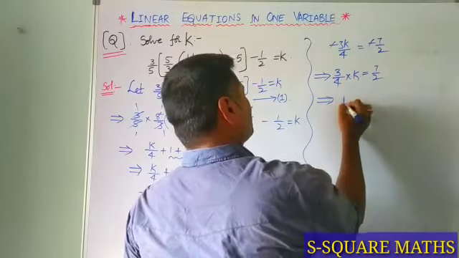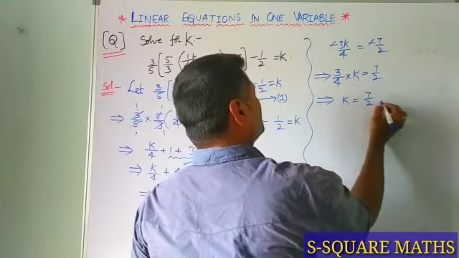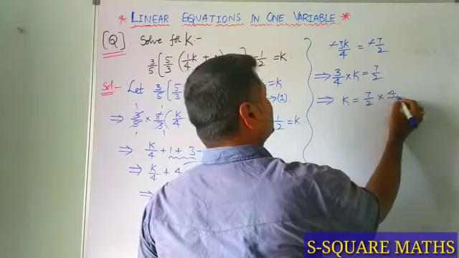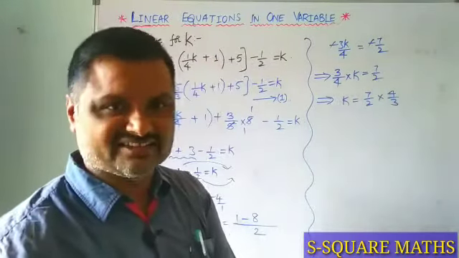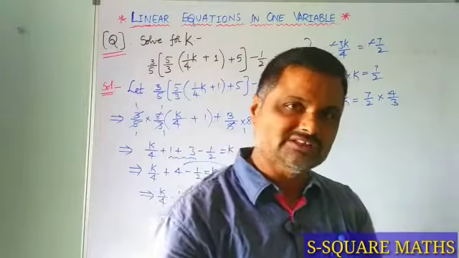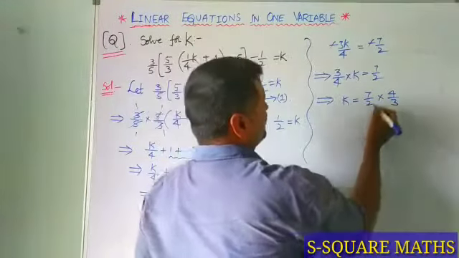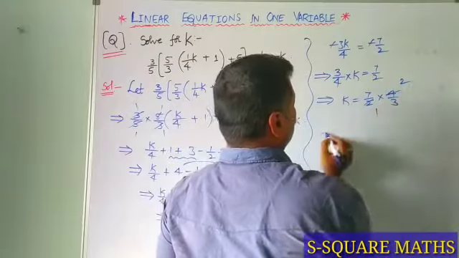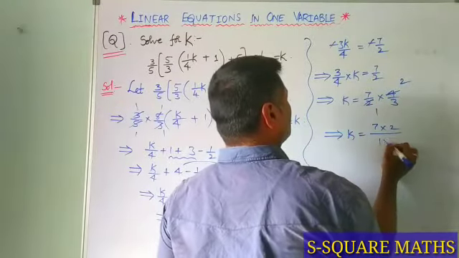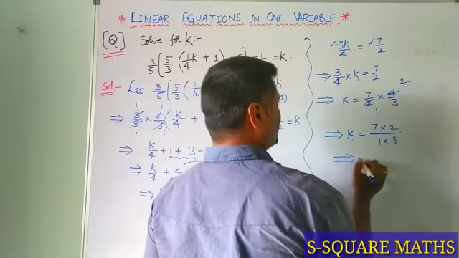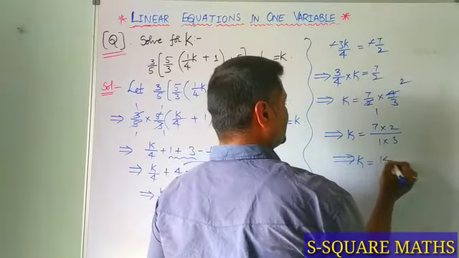Since the operation is multiplication, I can write k is equal to 7 by 2 into 4 by 3. Transferring 3 by 4 to RHS becomes reciprocal. So now I can go for it: to ones and to twos. So k is equal to 7 into 2 by 1 into 3. Finally it gives you k is equal to 14 by 3.